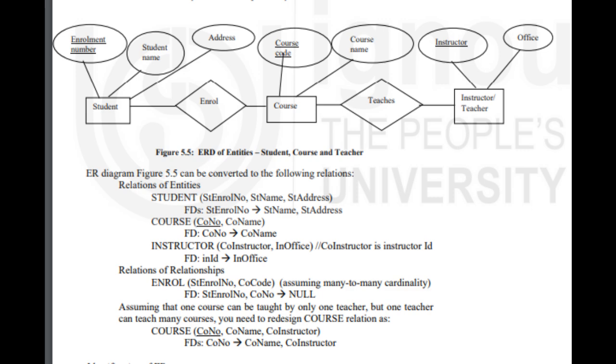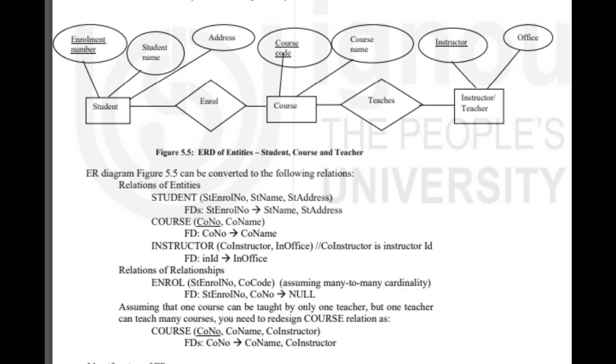The first normal form defines only the basic structure of the relation and does not resolve the anomalies discussed in section 5.3. The relation student (stud_enroll_no, stud_name, stud_address, co_no, co_name, co_instructor, in_office) of figure 5.3 is in 1NF.